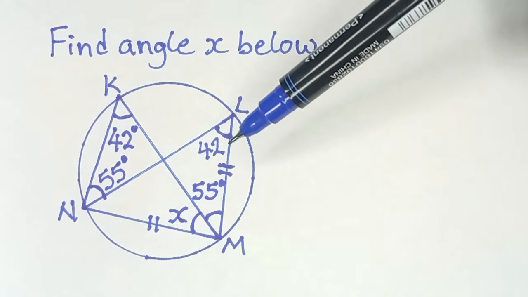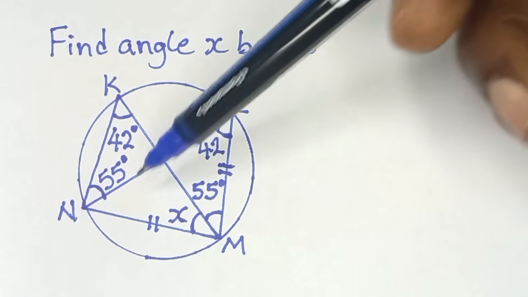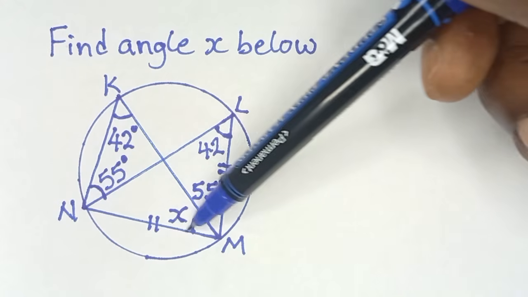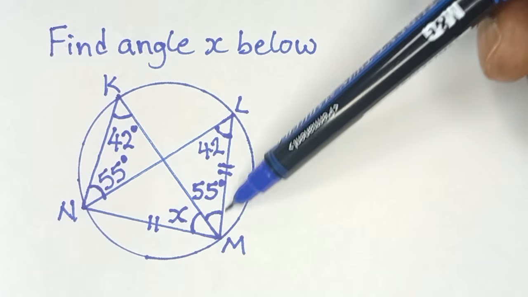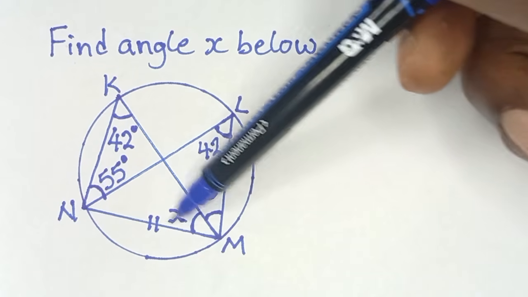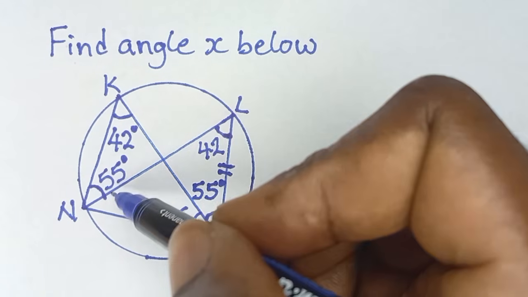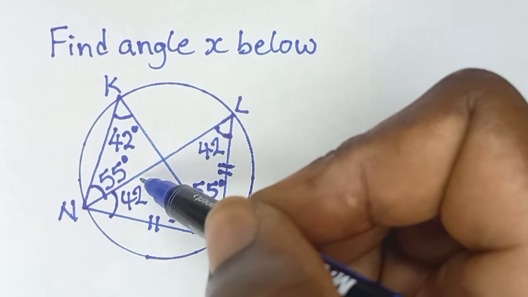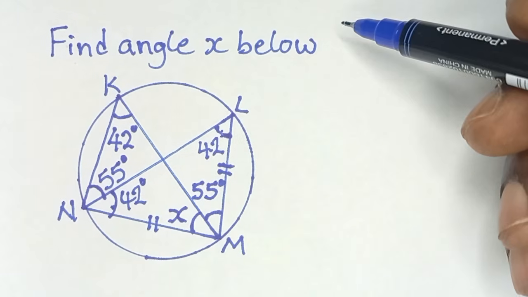So the theorem for an isosceles triangle says that the base angles of an isosceles triangle are equal. Where the two lines meet is the top of the triangle, and where they run down to is the base of the triangle. So if this base angle is 42, this base angle will also be 42 degrees because the base angles of an isosceles triangle are equal.